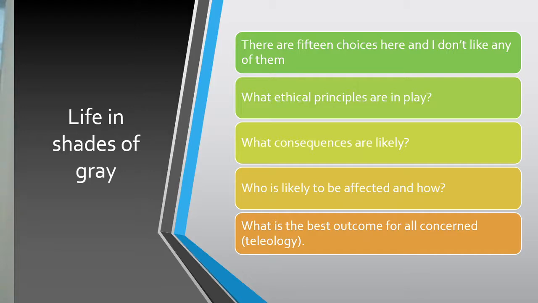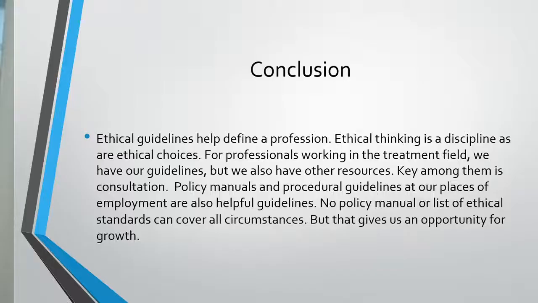What do my guidelines say? Are there guidelines that cover what I'm facing? What consequences are likely? Who's likely to be affected by this? How are they likely to be affected? What's the best outcome for all people concerned? Teleology again, right? Whatever I have to do to get the good outcome. The good of the many outweighs the good of the one.